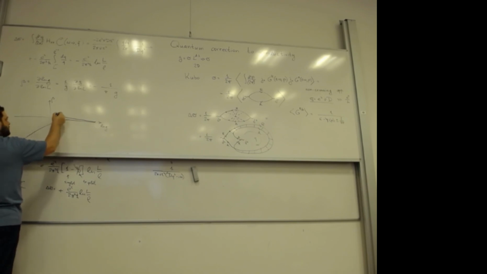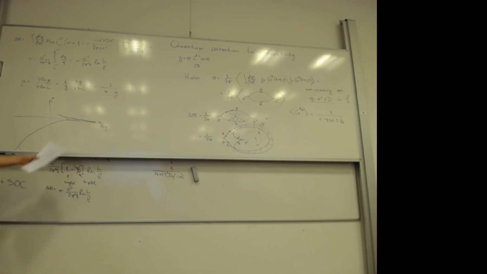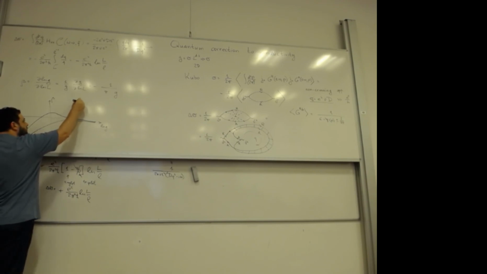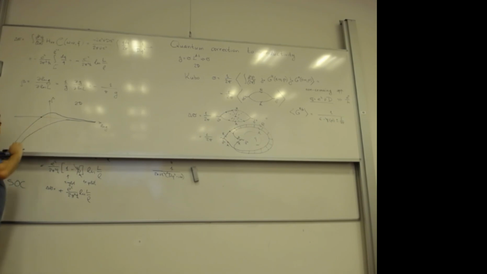This one deviates to positive directions, but eventually, as we add more and more disorder, conductivity becomes smaller and smaller. Eventually, we should anyway go to the insulating state. It's a 2-dimensional picture, and there is a point called 0.